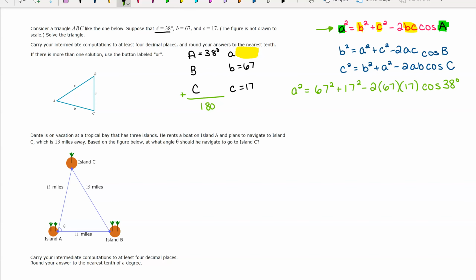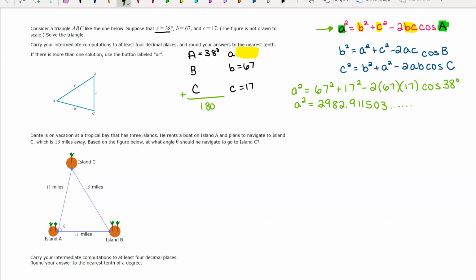And you don't want to round that decimal until the last possible point. So you're going to have to put this in your calculator and never round it off. You always use the calculation which is on the screen. So I'm going to go ahead and put this in my calculator and see what I get. So what I get in my calculator is a squared equals 2,982.911,503 stuff.